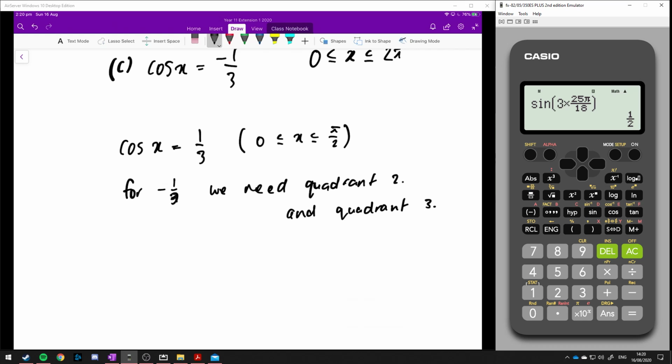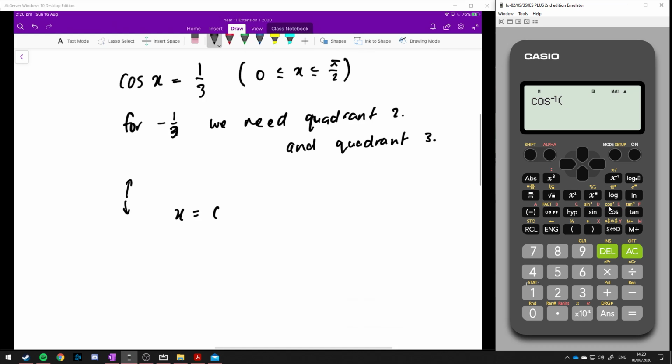So we're going to subtract pi and add pi to get there. Let's use our calculator to work out what that's going to be. Inverse cos, so x is equal to cos negative 1 of a third. So x is equal to 1.23 radians.